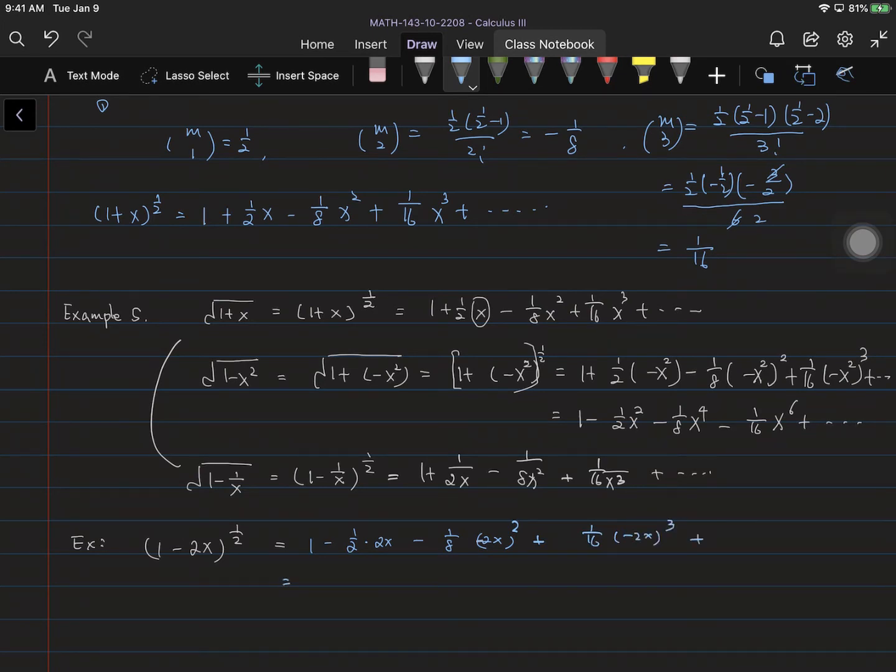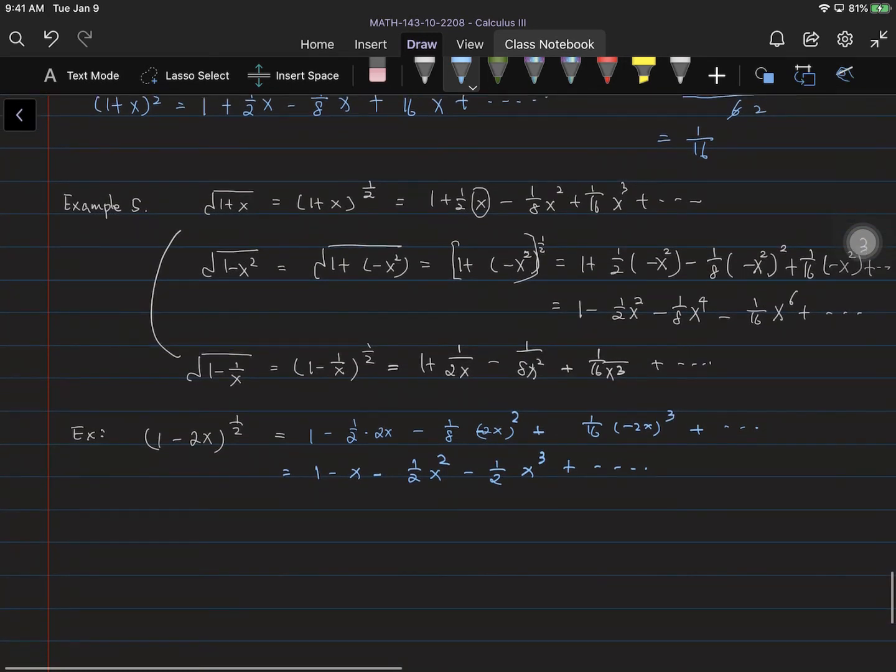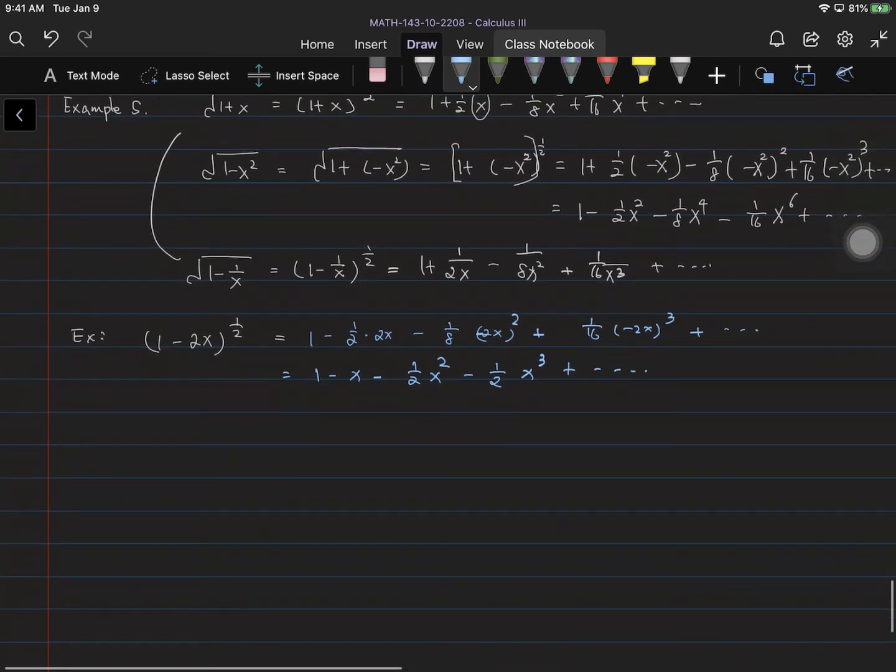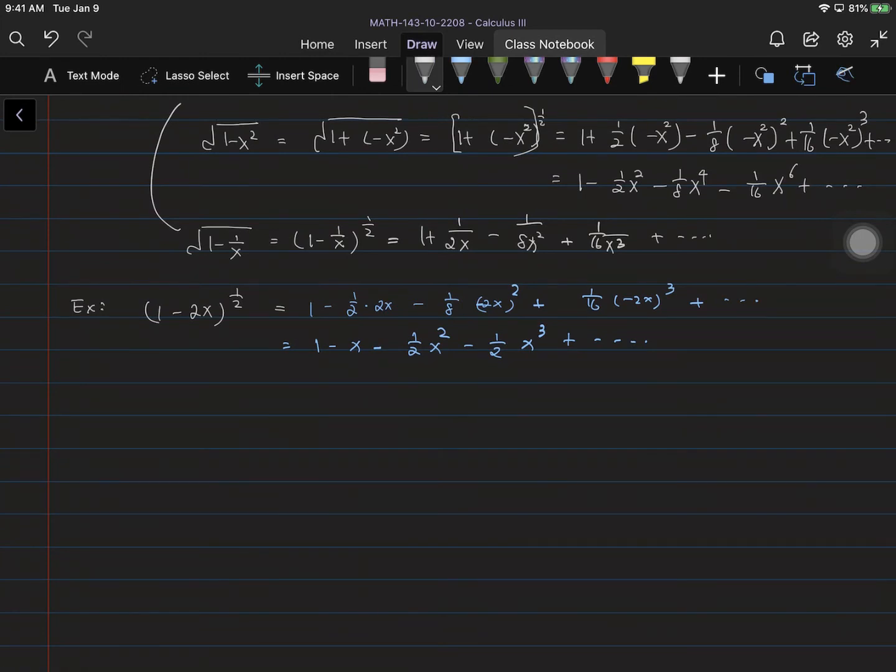Simplify. Minus 1/2 x squared, and here minus 1/2, because it's going to be 8 over 16 x cubed. So you can see if we know the binomial series, we can easily find Taylor series for some other functions. Now let's take a look at the table of all the commonly used Taylor series.